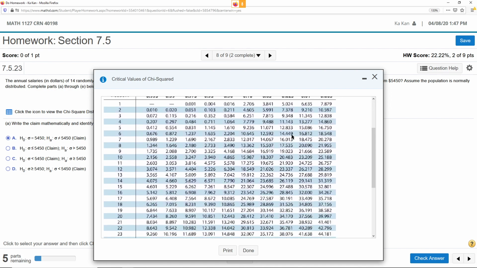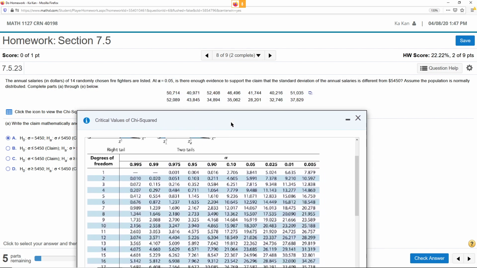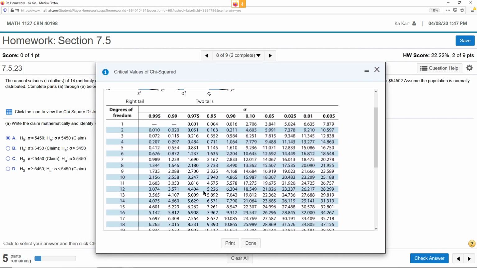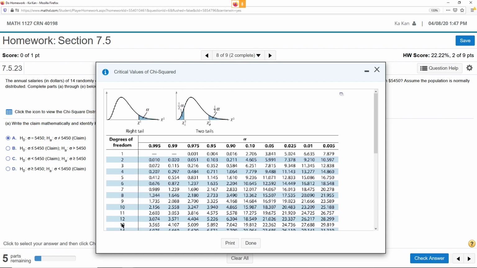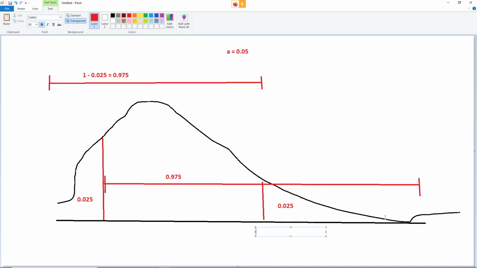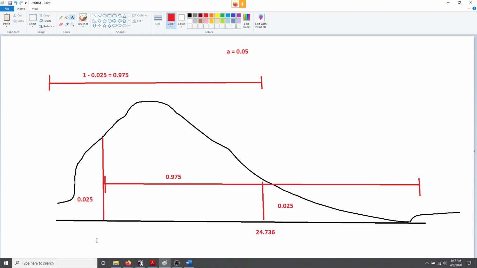What's the degree of freedom? The sample size is 14, so the degree of freedom should be 13. So for 13 and 0.025, that should be 24.736 on the right.